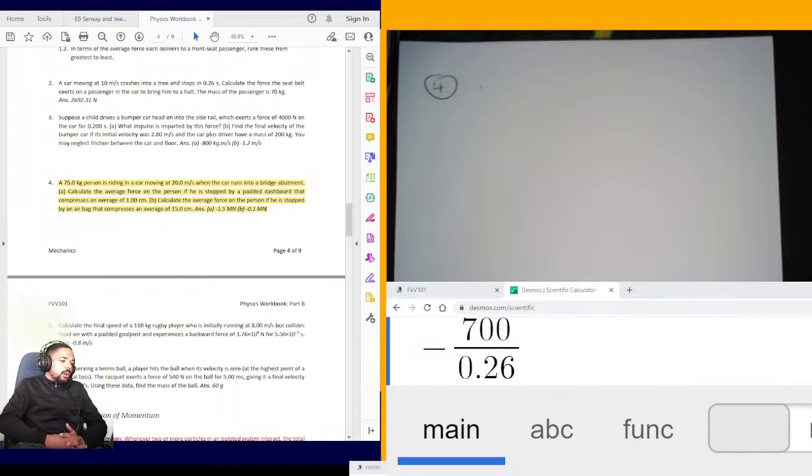Now, you need to calculate the force acting on the person if he's stopped by a padded dashboard that compresses an average of 1 centimeter. So you hit the dashboard, and the dashboard compresses by 1 centimeter.